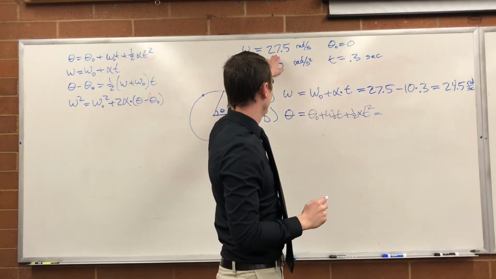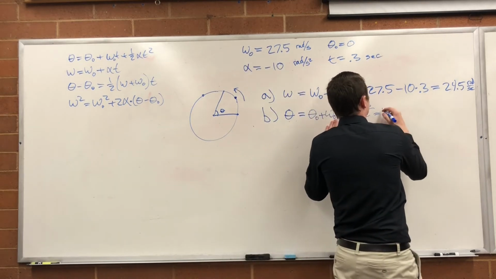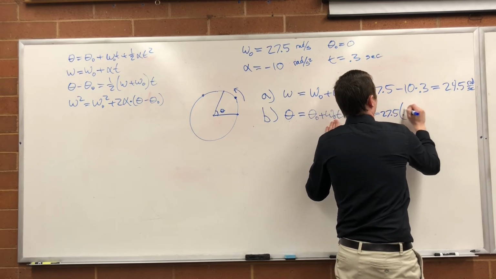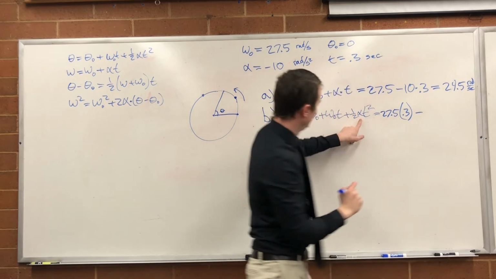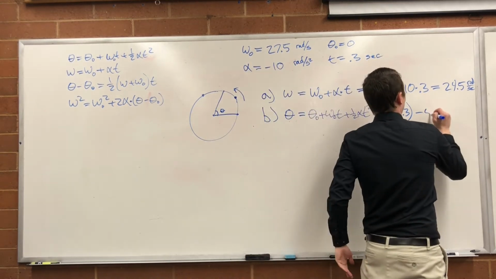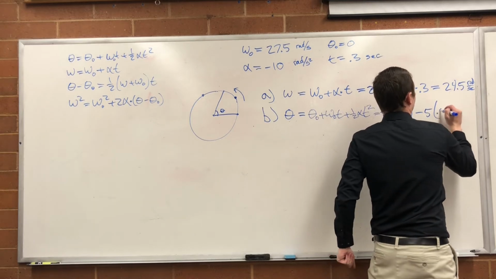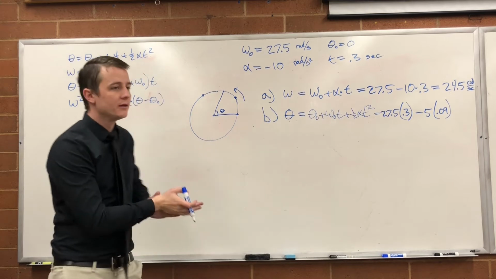Omega naught is 27.5, so we have 27.5 times 0.3. Then we're going to have minus 10 times 1/2, which is just going to be 5. So minus 5 times 0.09, or 0.3 squared, right? That's right.